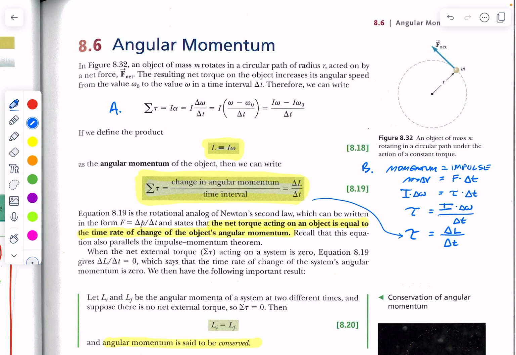And if you can imagine the ice skater, and he or she is going into a spin, and their one leg is out while they're spinning on the tip of their other ice skate, and their hands are outstretched. And as they bring their leg and their arms in closer to their body, their rotational inertia becomes less and less, which means that their rotational speed becomes greater and greater and greater.